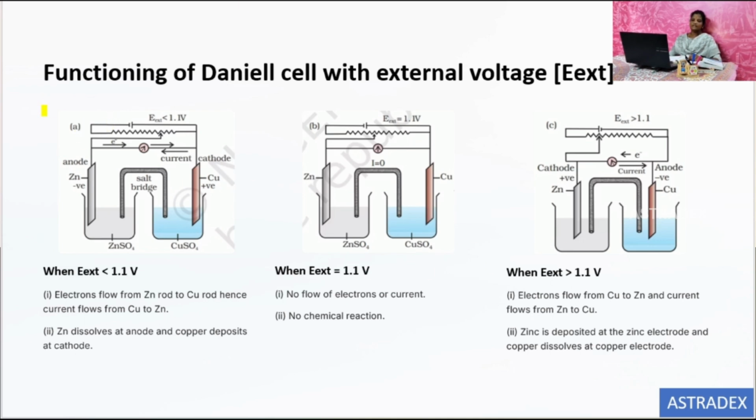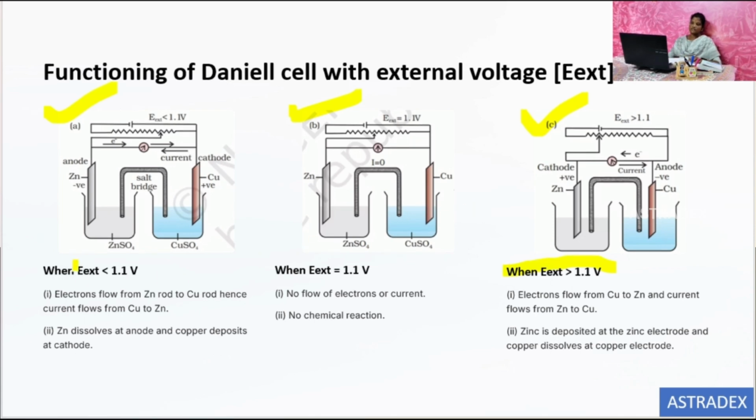These are the three cases, very important cases, A, B and C. This diagram is also asked for 1 mark, and the case where the external voltage is greater than 1.1 volt is a repeated question. The question is mostly asked like this: what happens if the external potential applied becomes greater than the E0 cell of an electrochemical cell? This is the most repeated question, so you have to give more importance to this content.